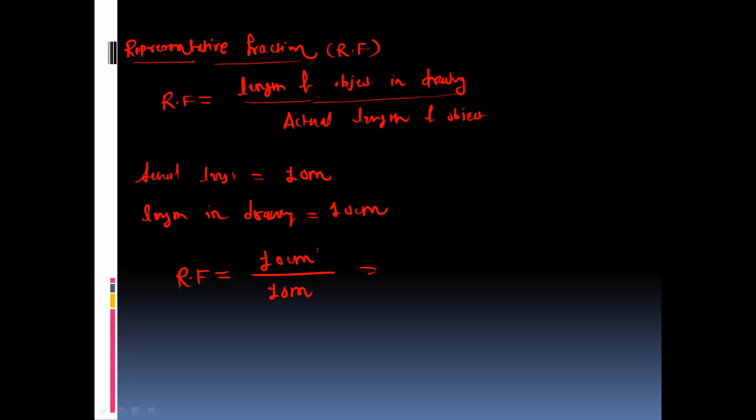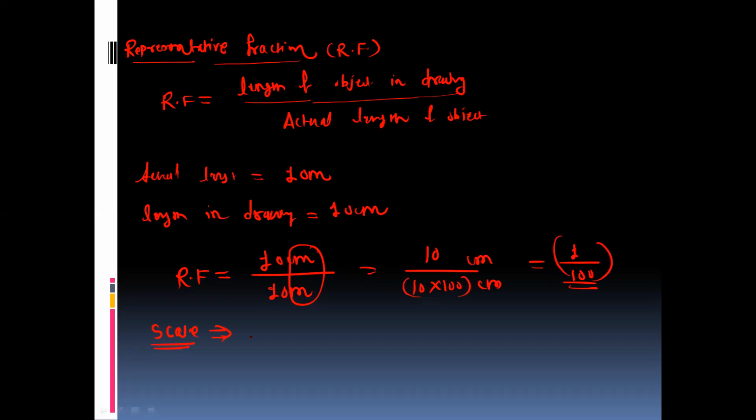So we need to convert this unit. Either you convert centimeter in terms of meter or meter in terms of centimeter. So I'm converting here centimeter. So this will be 1/100. And as a scale, we represent this representative fraction as 1:100.